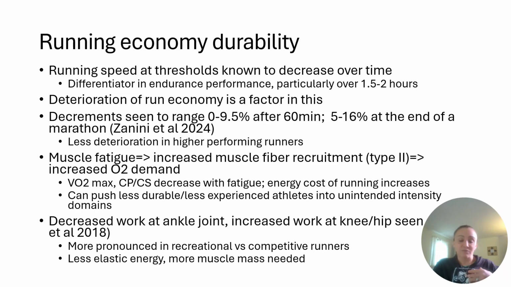We start recruiting more of these type 2 fibers that use more energy, which increases our oxygen demand. So with fatigue, our VO2 max and critical speed are decreasing, while the energy cost of running is increasing and the body is recruiting more muscle mass. This can push us over these boundaries into unintended intensity domains.